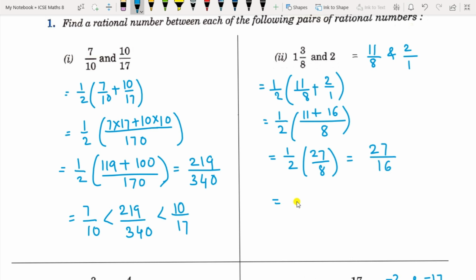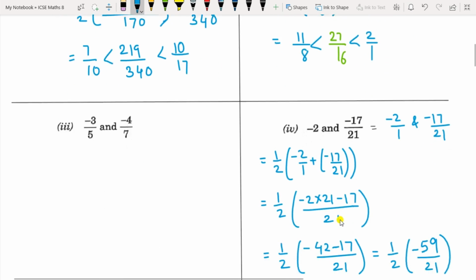So the rational number between 11 by 8 and 2 by 1 is 27 upon 16. So this is the way to find a single rational number.